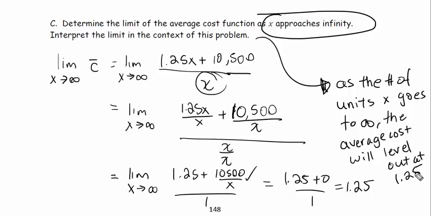The more tons of material you recycle, the less the average cost will be per ton, but you cannot get cheaper than $1.25 per ton.